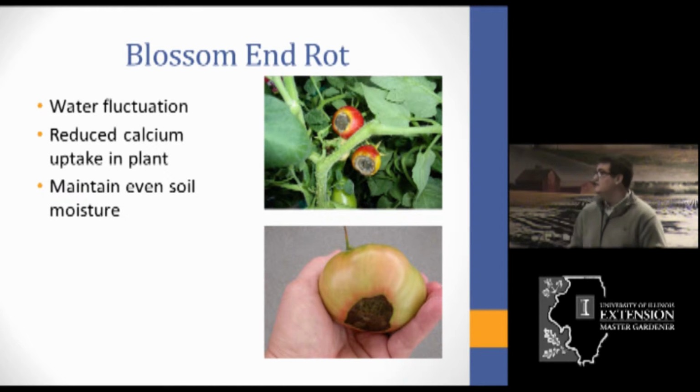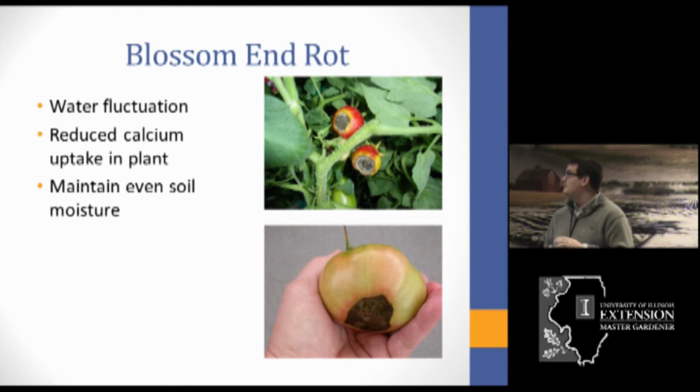Not necessarily. It's normally caused by water fluctuation. Heavy amounts of water followed by really dry, or really dry followed by a rapid water environment, can lead to reduced calcium uptake and cause these blossom end rots. So it's really important to maintain an even soil moisture to prevent blossom end rot of your tomatoes.